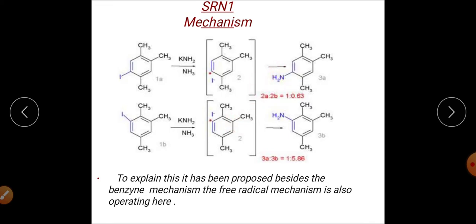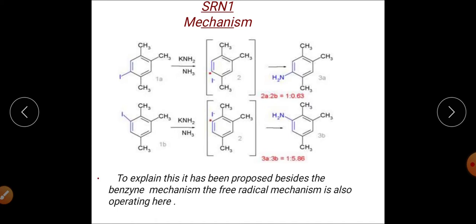Instead it is proceeding now with some different mechanism in which the ratios of the two products in both the conditions are different, right? So in this case you are getting this type of radical, and in this case you are getting this type of radical. So we generally estimated that the mechanism is not a simple benzyne mechanism.